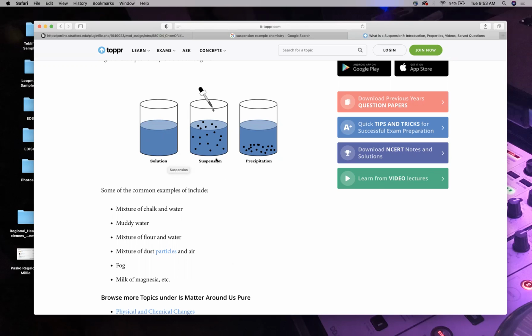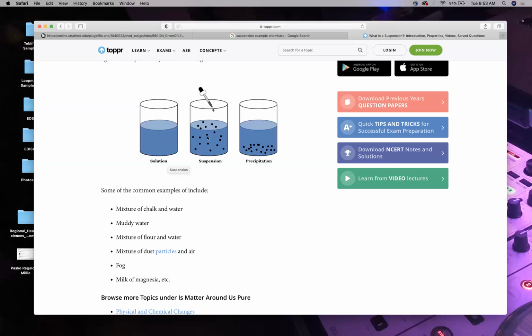But a suspension is like that pulp I told you about. Let's say, for example, I put way too much Kool-Aid powder in it. There's going to be powder floating around, right?